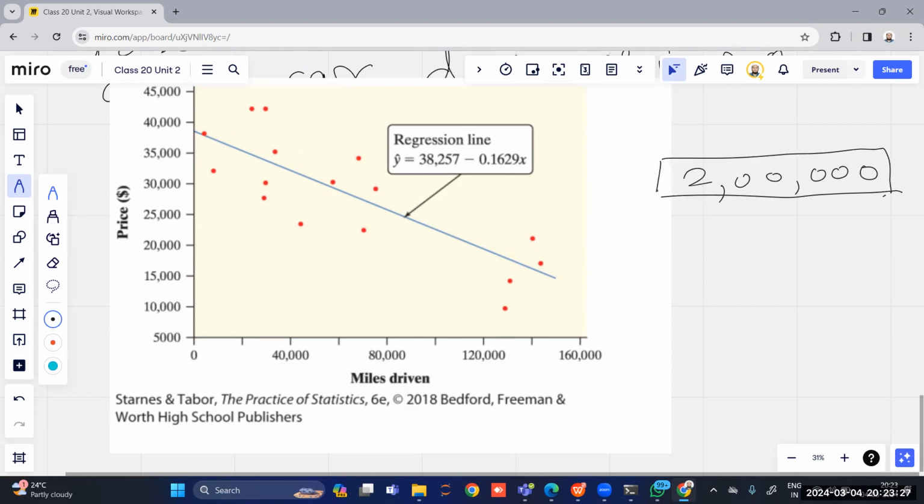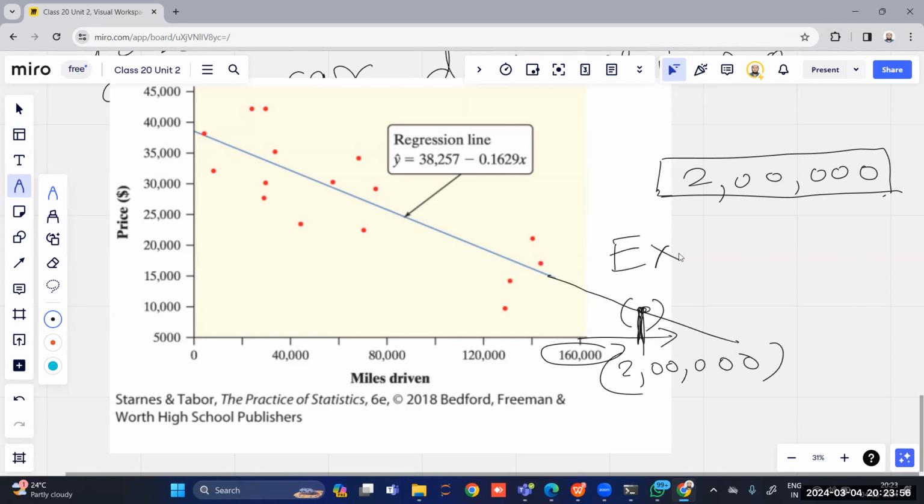Is this range of miles driven available on the x-axis? Is it there on the line, on the data which we had? No. So when we extend this line to predict the price for this mileage, this is known as extrapolation.